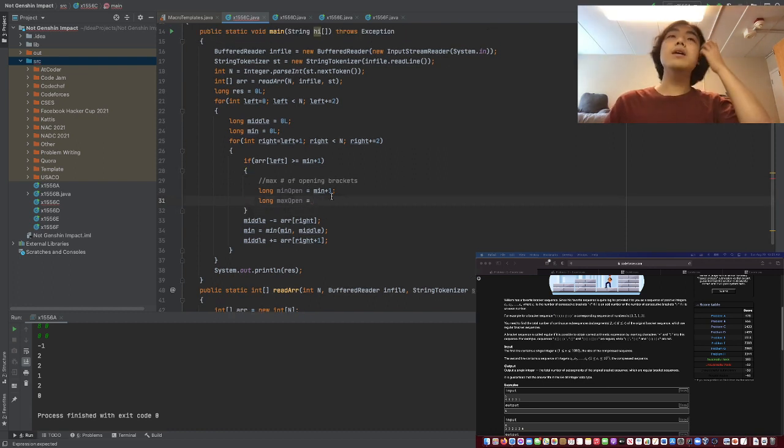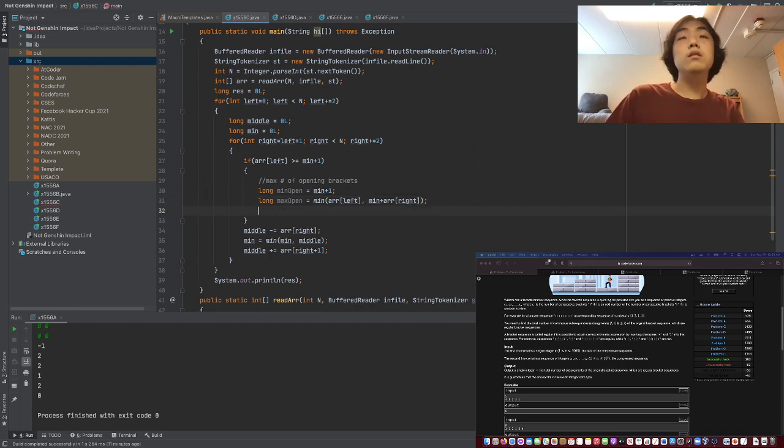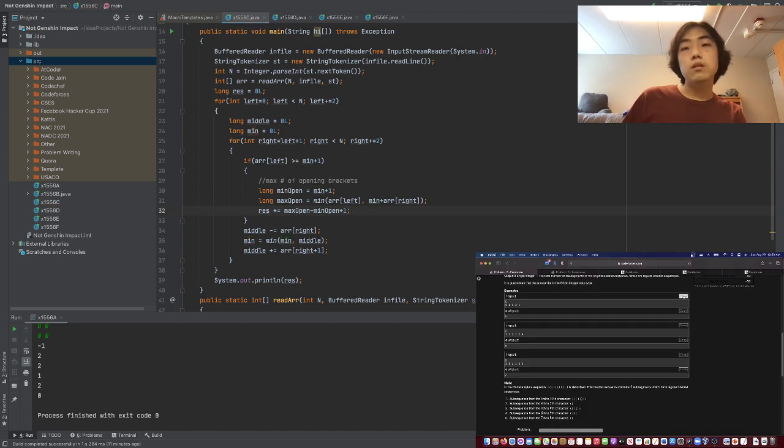Yeah, we just need to make sure that min, which is like the number of decreasing in here, plus the total number in here. And then it's just the min of array at left, and then whatever this value is. Max open minus min open plus 1. Let's try this.